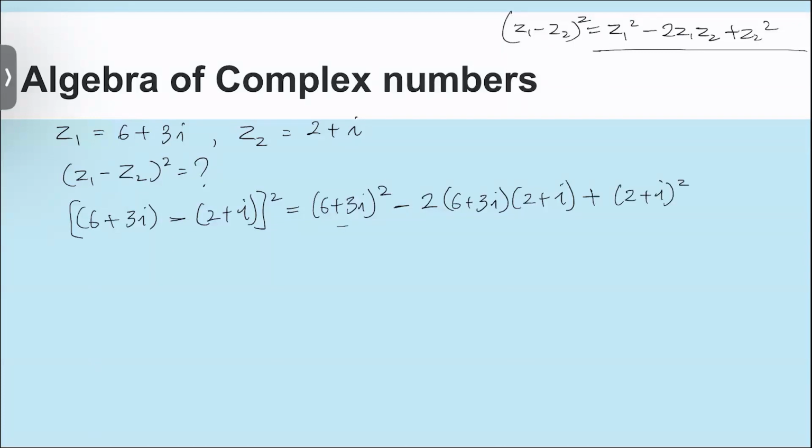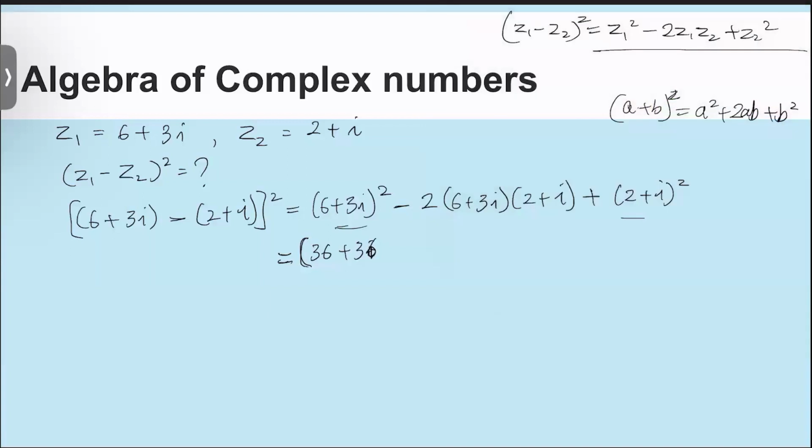Now again, you expand the first and the third term with respect to a plus b the whole square as a square plus 2ab plus b squared. So again, it will be similar to what we got in the previous example. So you have 36 plus 36i plus 36i plus 9i squared.